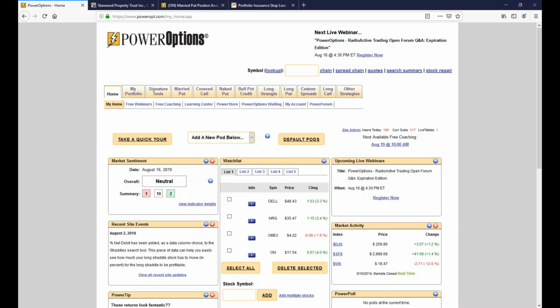And Darell's question is, can you explain when and why it is advisable to roll down, roll up, and out, and why? Okay.